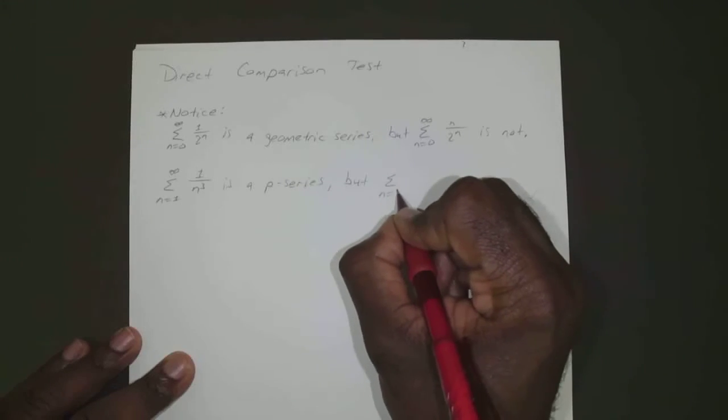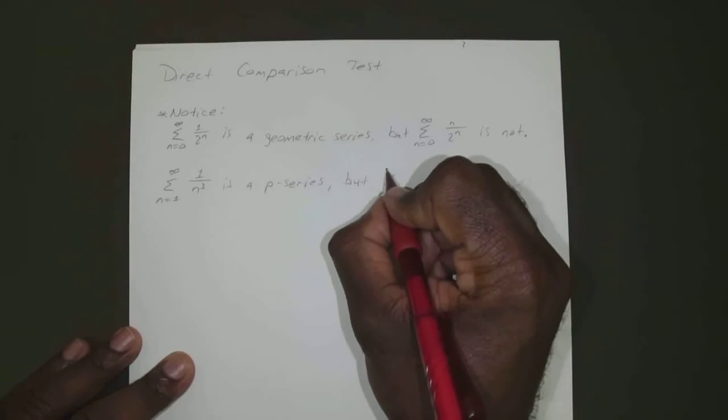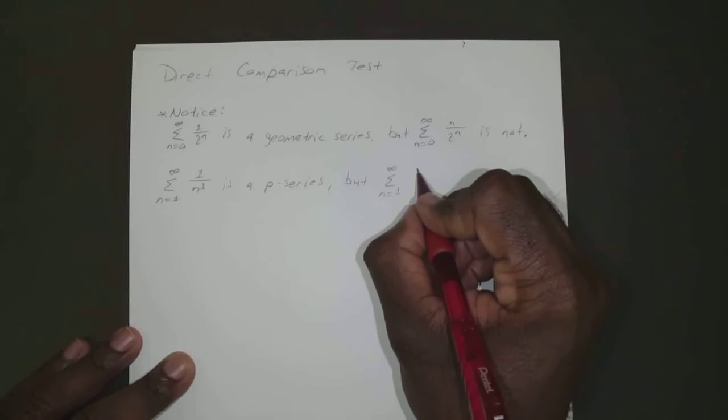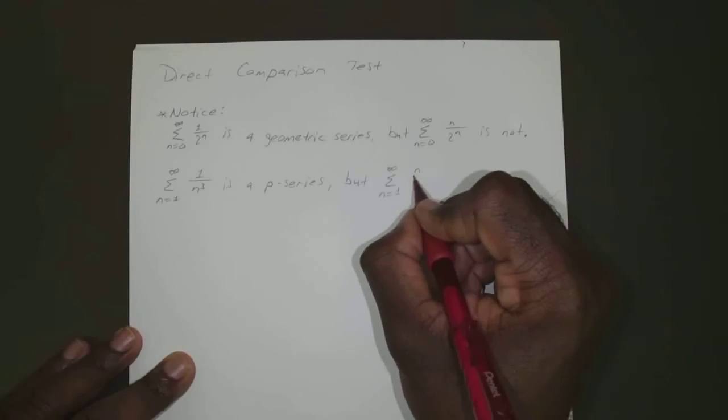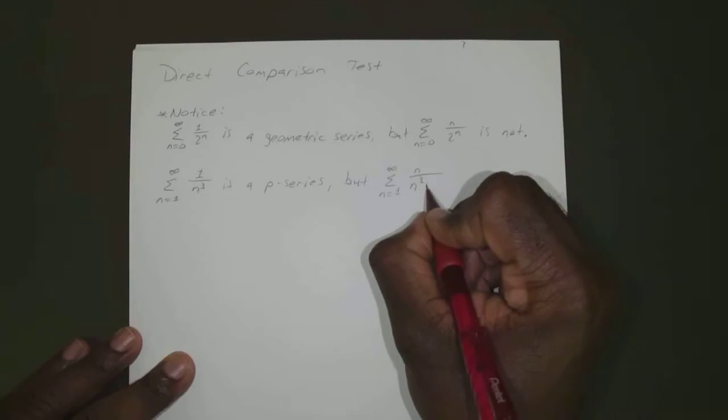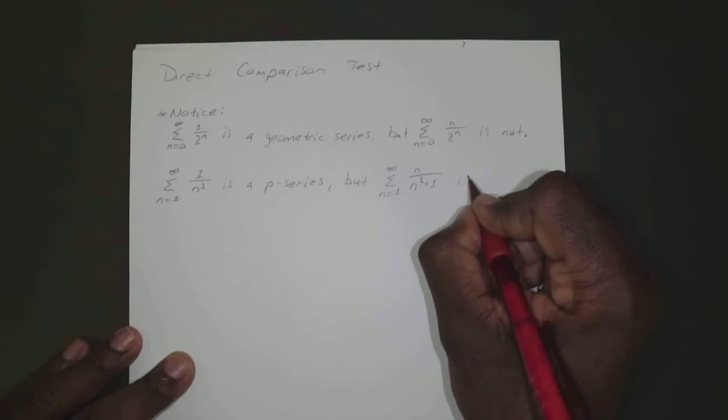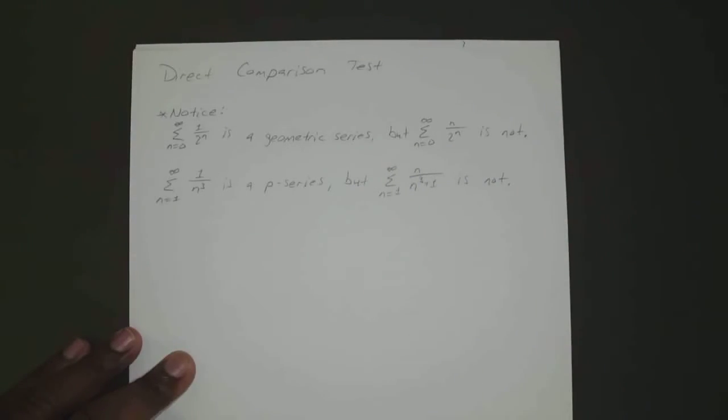But the sum from n equals 1 to infinity of n over n to the third plus 1 is not. You need that plus 1 in the denominator for that to be true. Otherwise, you just simplify it and do 1 over it instead.